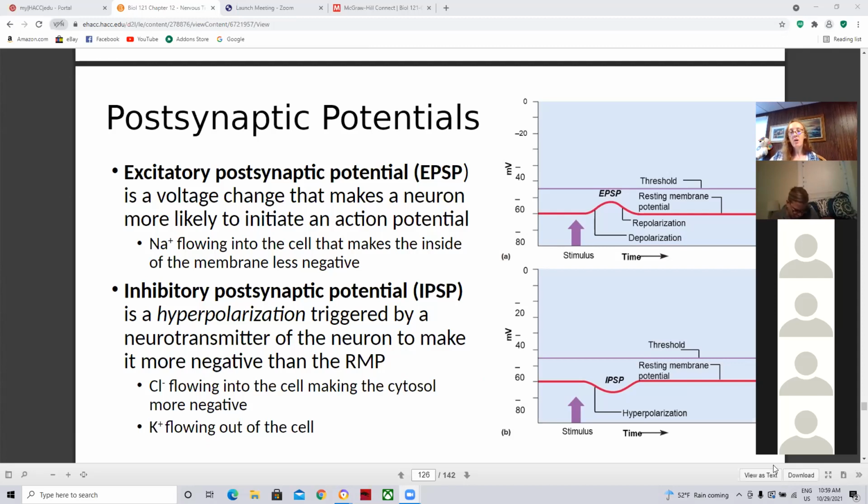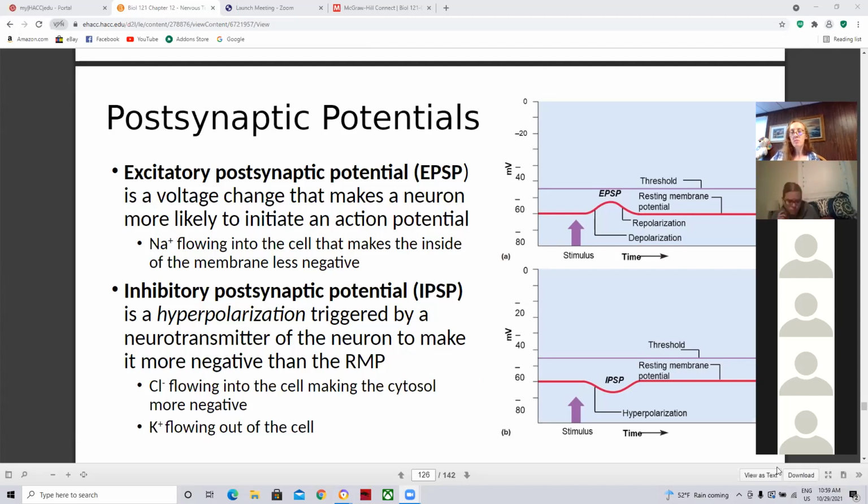You guys, are they local potentials or action potentials? Let me ask this: are action potentials ever inhibitory? No, they're not.